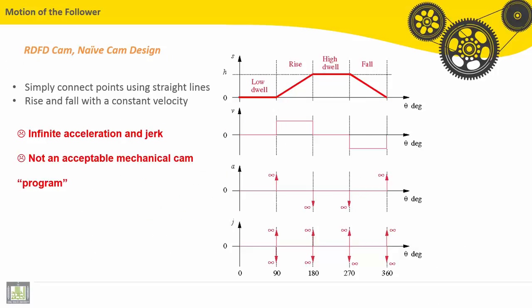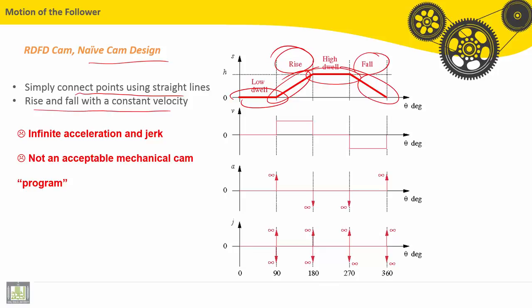The most naive cam design is to simply connect points using a straight line here, especially in rise and fall phases. So rise and fall with a constant velocity here.